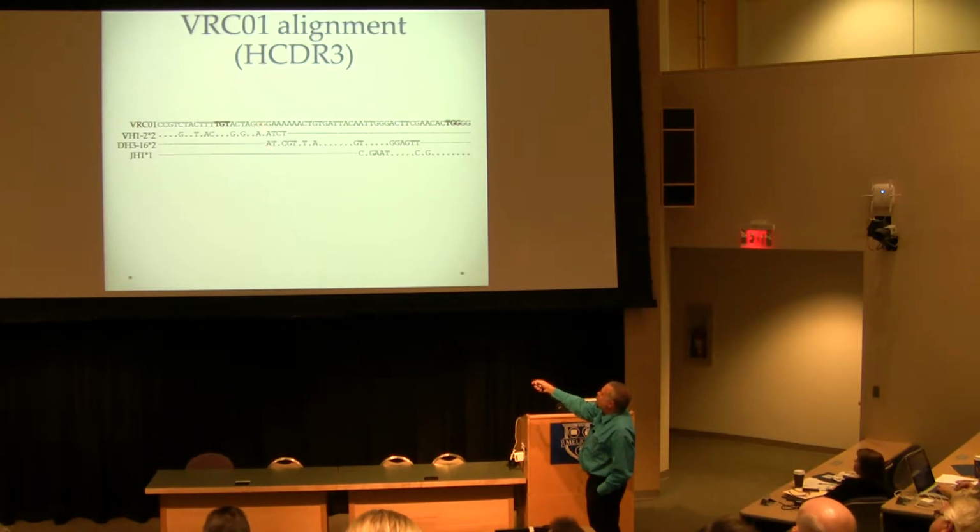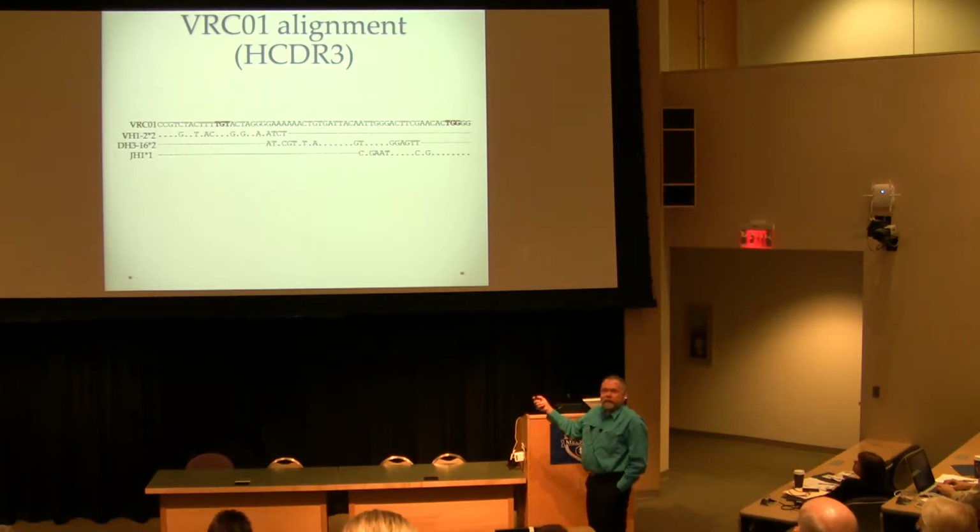But then, of course, there's this match too, so maybe this is the recombination site, and that's just a mutation. Or actually, it could be that that is also an N nucleotide. It just happens by chance to match. And with this high a mutation rate, it's really hard to say. But it makes a big difference when you're trying to understand what the original form looked like.